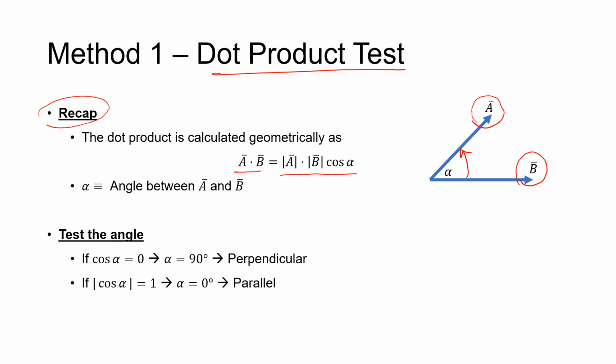If cosine alpha is equal to 0, then alpha is equal to 90 degrees, which means the vectors are normal or perpendicular. If cosine alpha is equal to 1, then alpha is equal to 0 degrees, and the two vectors are parallel. Note that here the result can also be negative 1, giving 180 degrees. This means same direction or opposite direction.